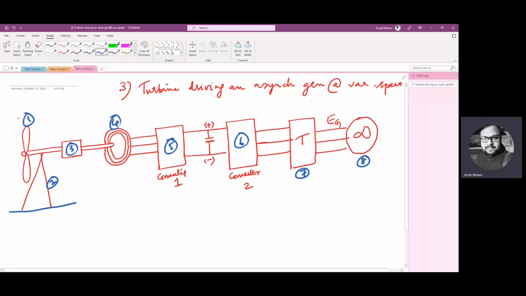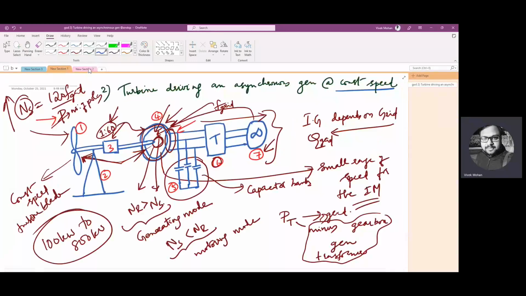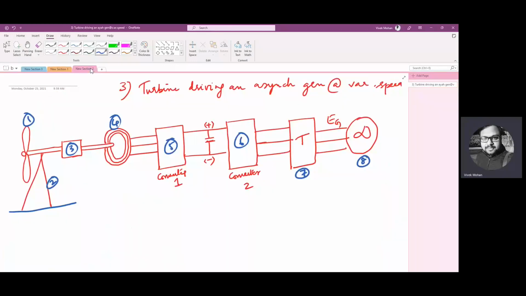So what is the difference compared to the previous one? Here also we use a squirrel cage induction generator, but it is connected to a converter, which is number 5, that generates a variable frequency.